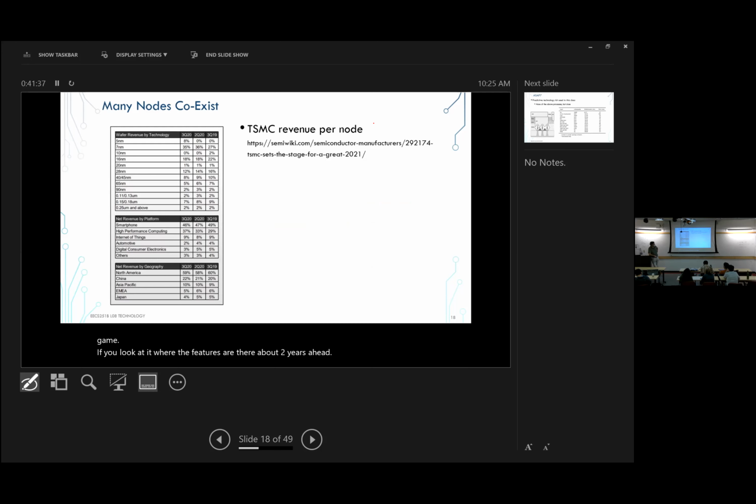Now, this is another thing that I have mentioned before. Where is the volume? So these are all the nodes that Intel has. I haven't looked at what was published this year, but last year, here is where Intel's volume was running.